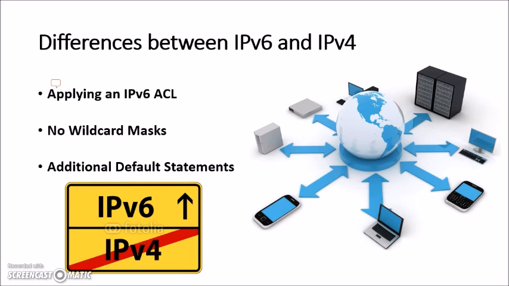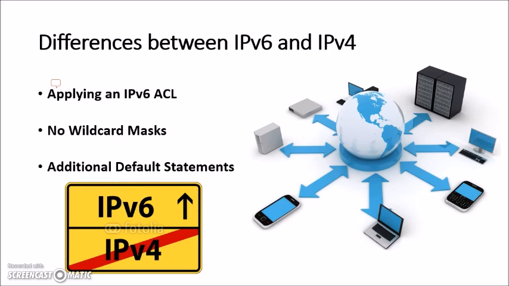IP version 6, on the other hand, uses the ipv6 traffic-filter command to perform the same function for IP version 6 interfaces. Continuing with the presentation, you will see some examples of these commands.